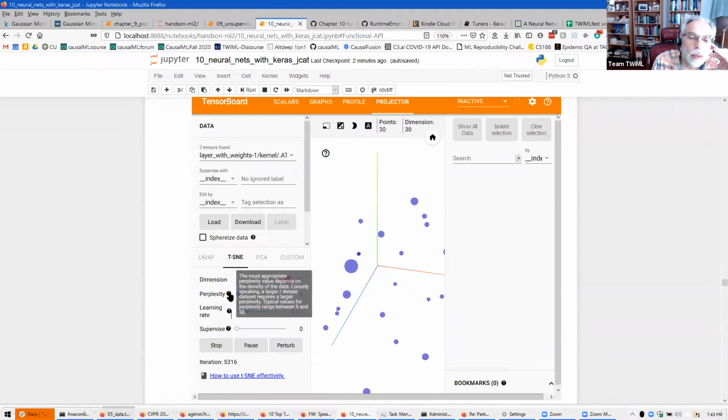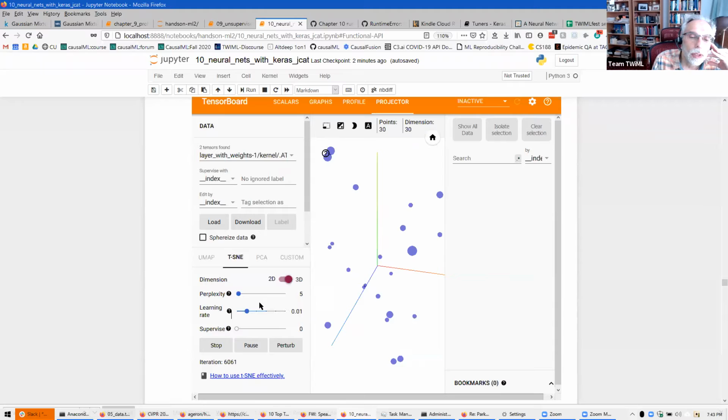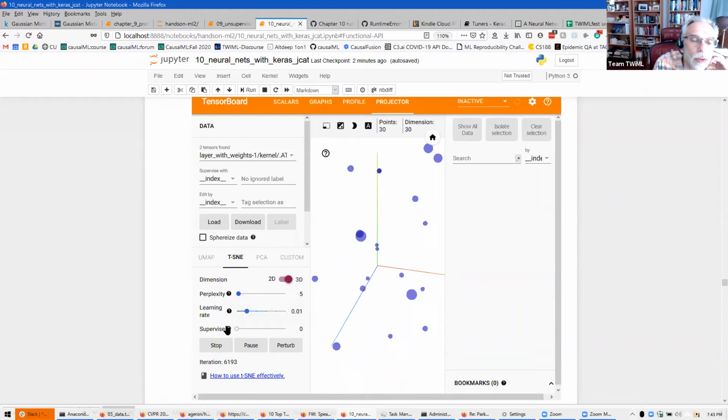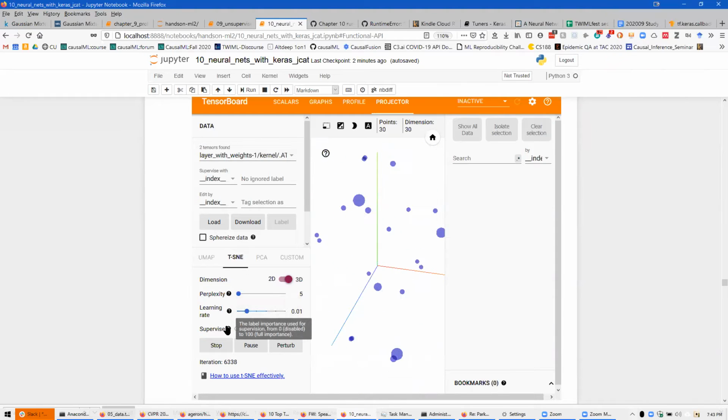What is perplexity? The most appropriate perplexity depends on the density of the data. A larger, denser data set requires a larger perplexity. Typical values are between 5 and 50. Okay, well, not sure what that is. Perplexity is a parameter. I don't recall the detail, but it's a parameter used in these UMAP and tsne models.